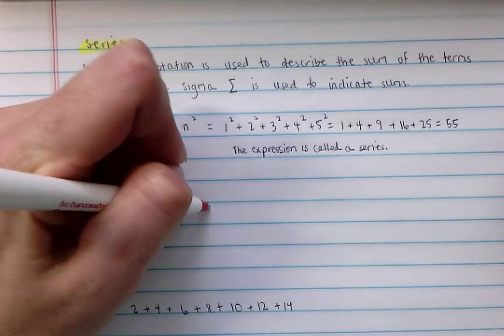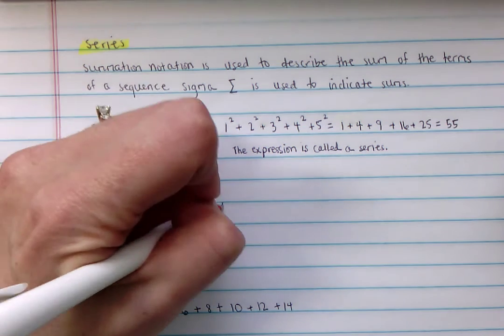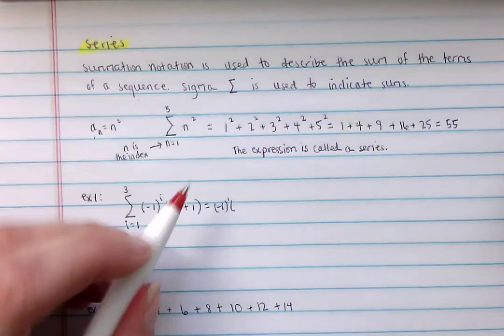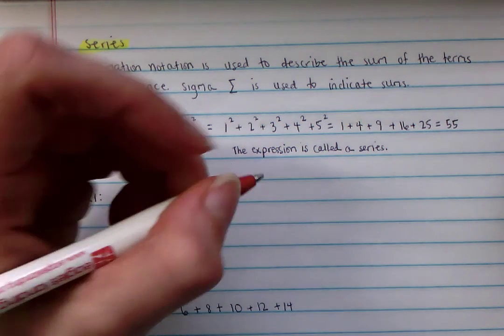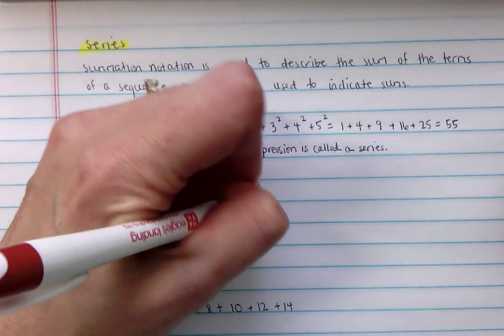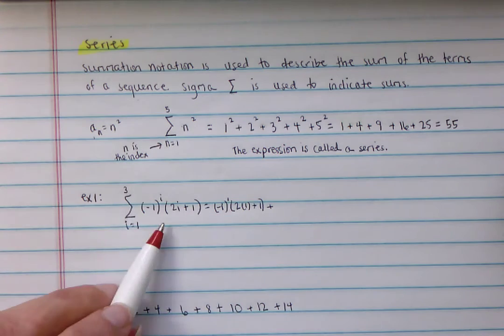So here we go. If I start with 1, that would be negative 1 to the first power times 2 times 1 plus 1. All right, and then we're going to plug in a 2.